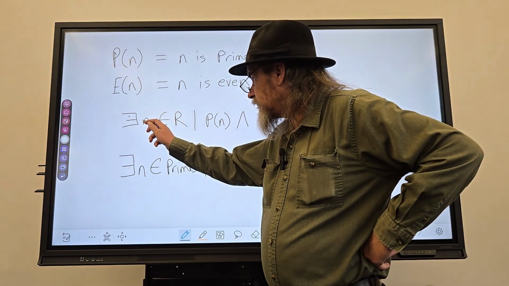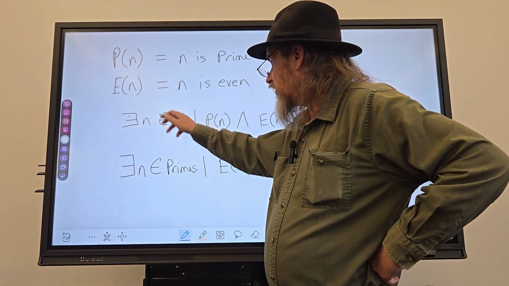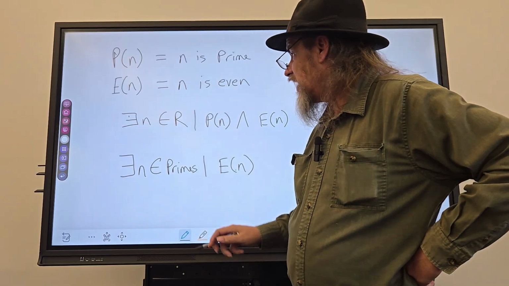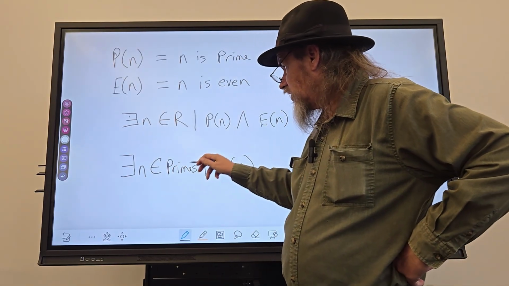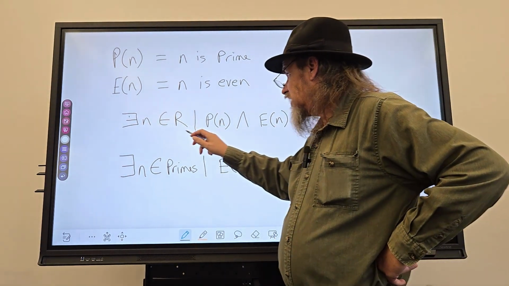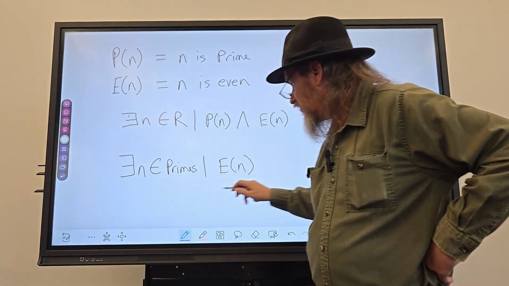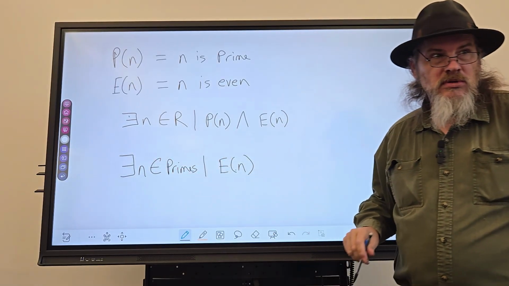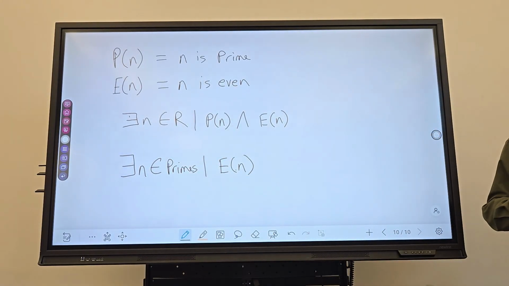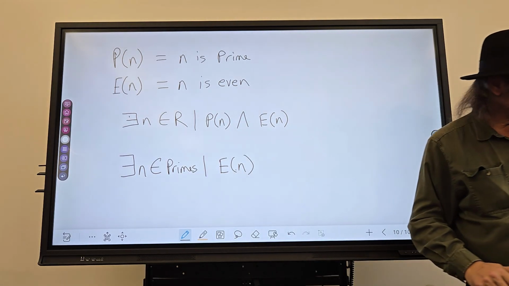In this case, n could be referring to two different things in the two statements, because n is valid in this scope here, and this n is valid in this scope here. Outside of those statements, n has no meaning. It is defined by and bound by the quantifier that introduces the statement.